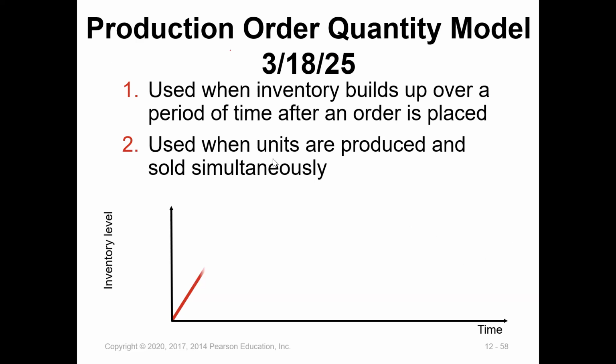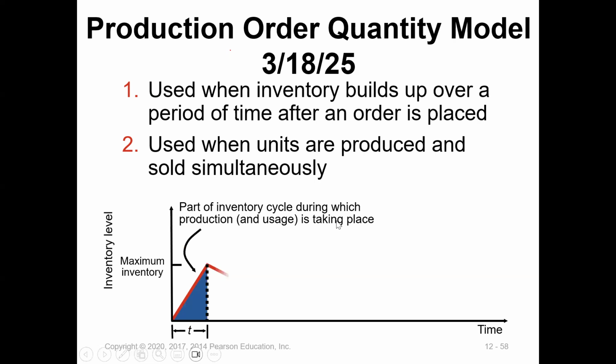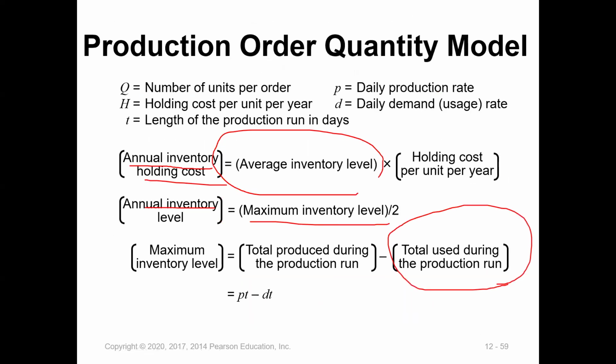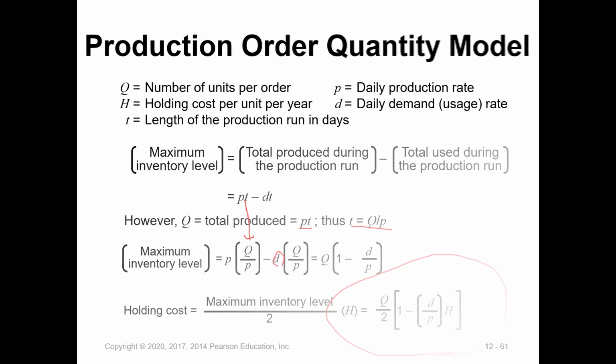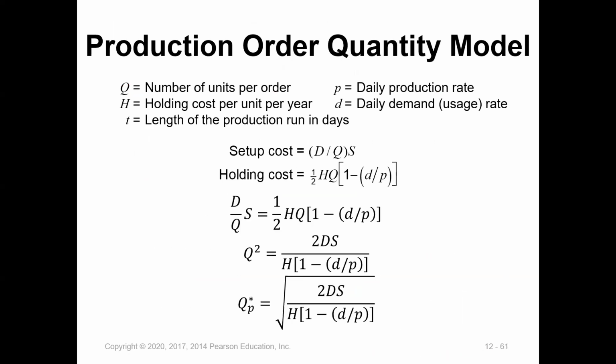And we said we use it when inventory builds up over a period of time. So we are producing here, we have production. And we generated the equation for the Q star P, we said that's the equation.